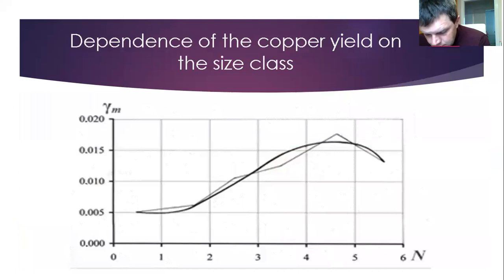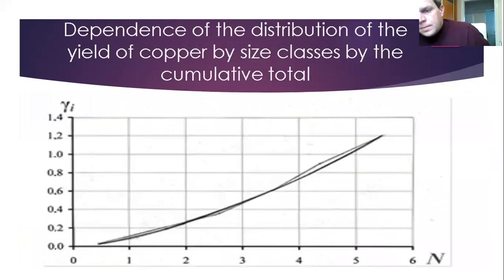It was found that the dependence of the copper yield on class, with a high level of equation adequacy, follows the cubic parabola law. The calculated results of the copper output in the size classes by the cumulative total, in fractions and percentages, are given in the table from 10 to this figure.